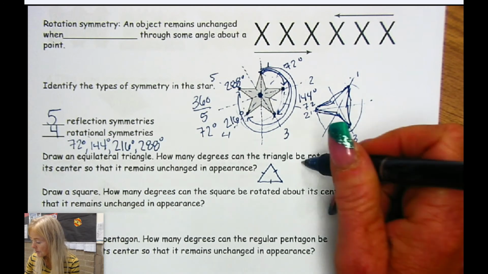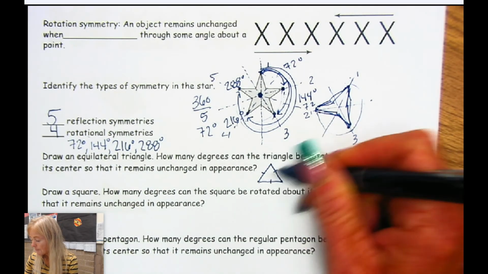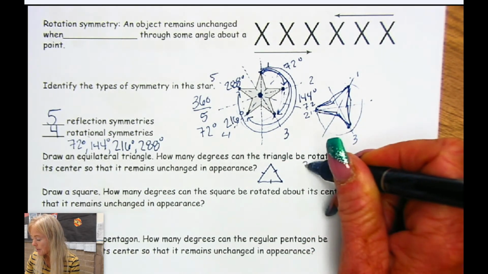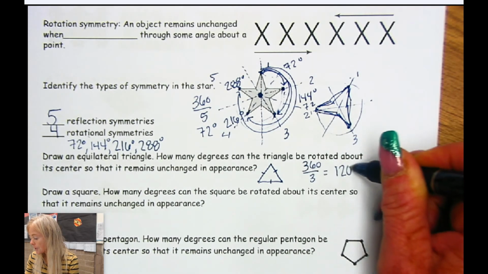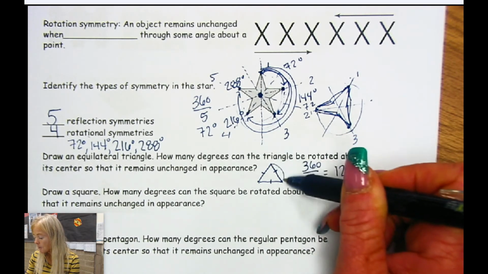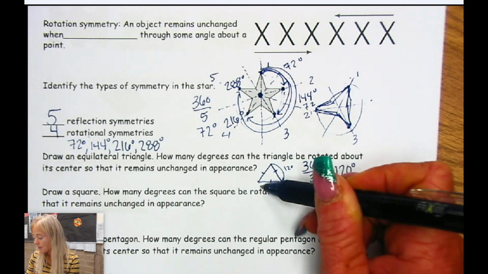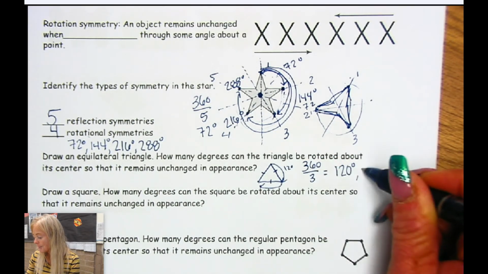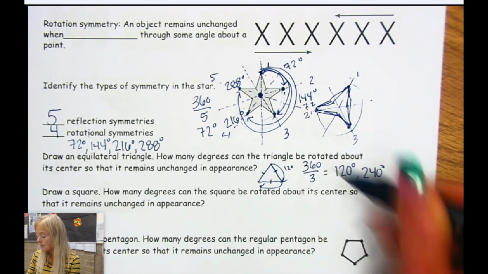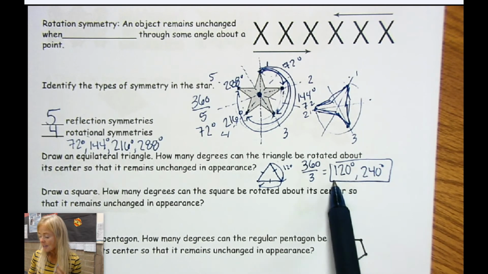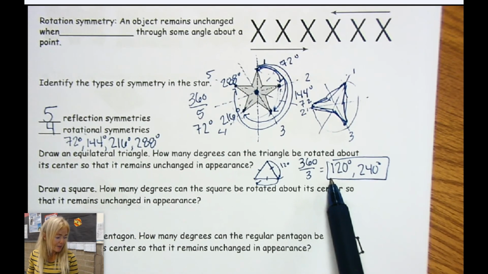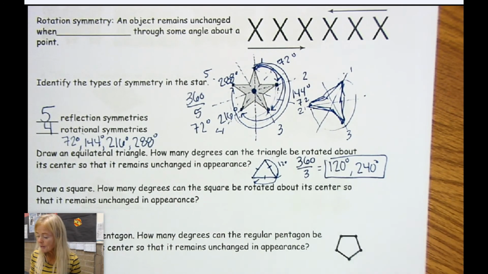So you would take your 3 points and divide that into 360, and you get 120 degrees. That would be another 120 to make 240. And then the 360 is last. So there would be those 2 rotations that the equilateral triangle would go about, and it would be 120 and 240.